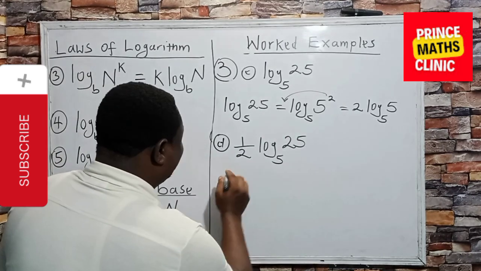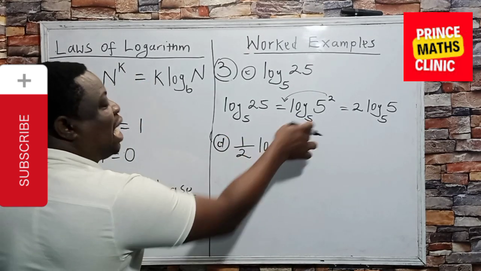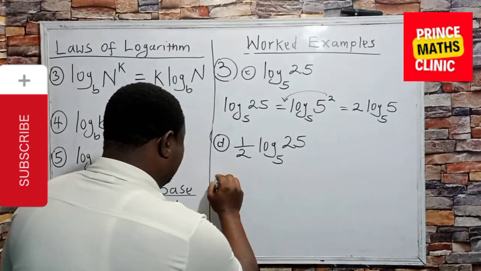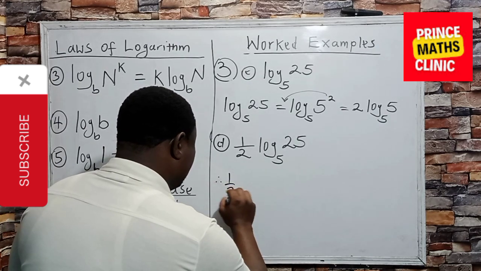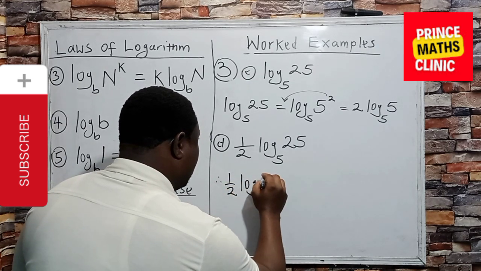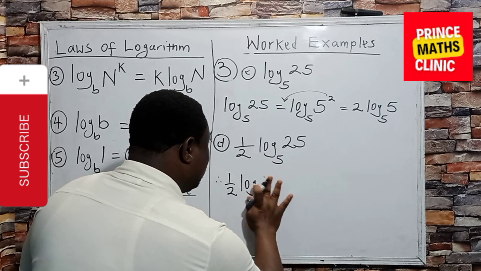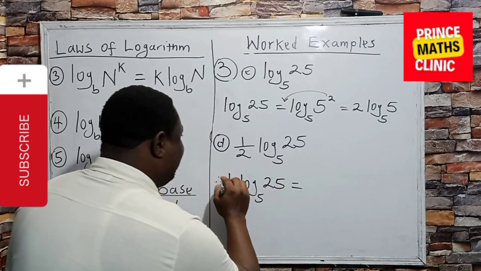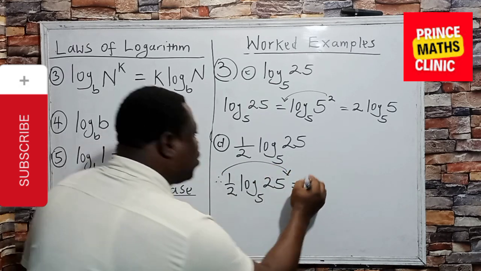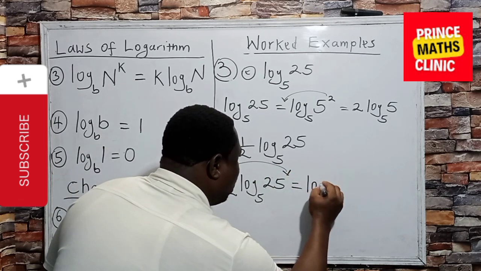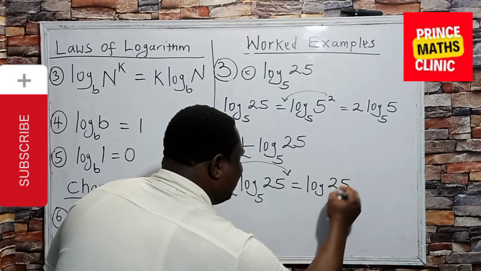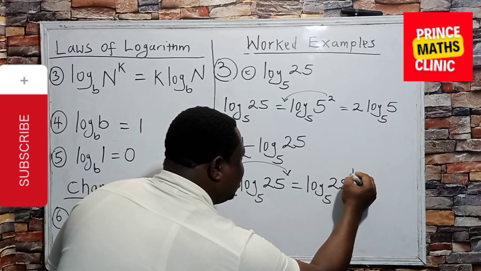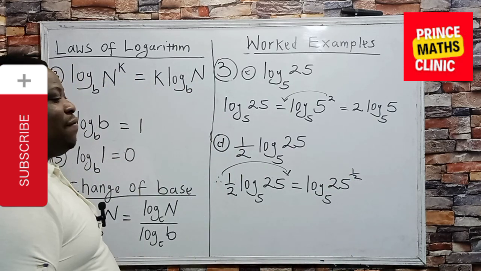Now the goal is to move this back as a power. So therefore, if this goes back to the power, this becomes log of 25 base 5, then this 25 is carrying the power of half.